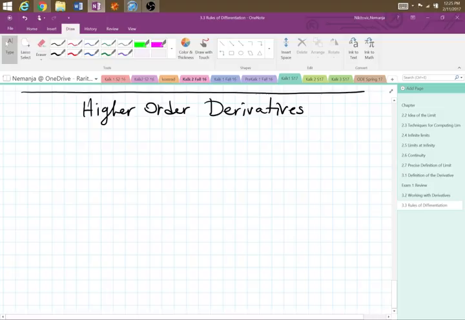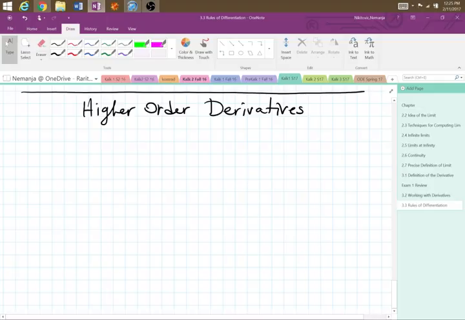Now, why do we have higher order derivatives? Because of the world. All right? You have the position, but you also at one point want to go home, right? Well, there is a position function to get you there. And what's the derivative of the position?